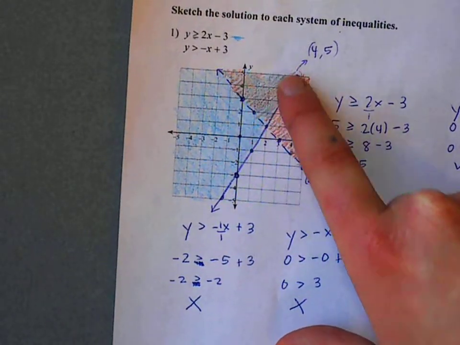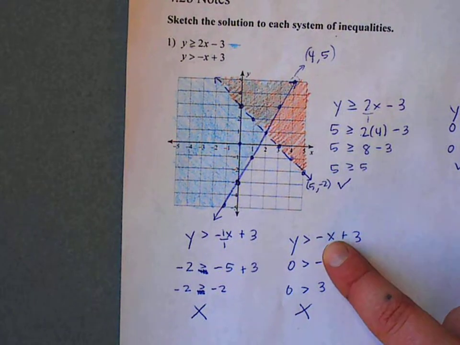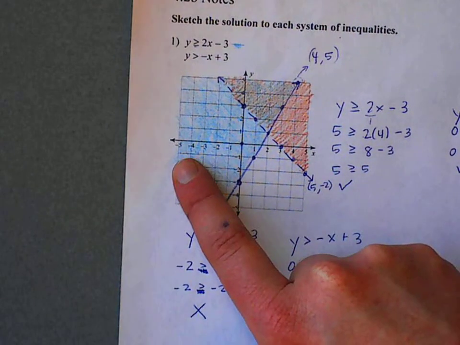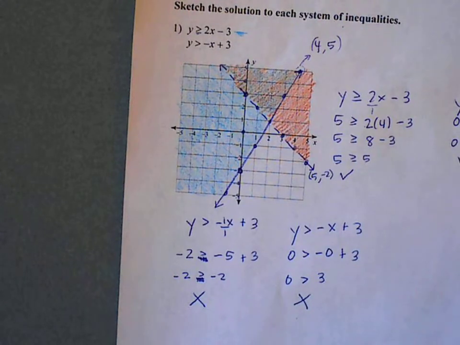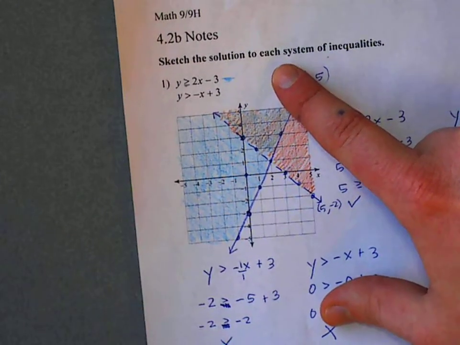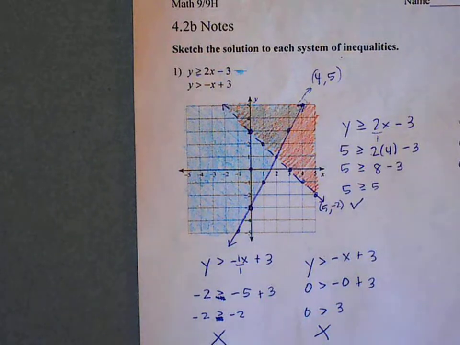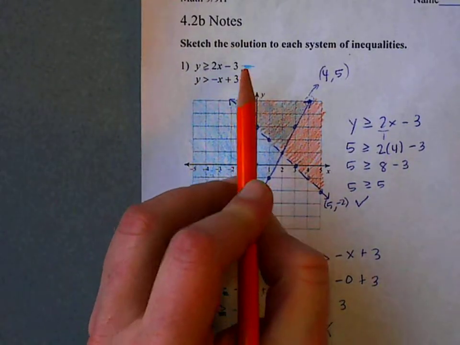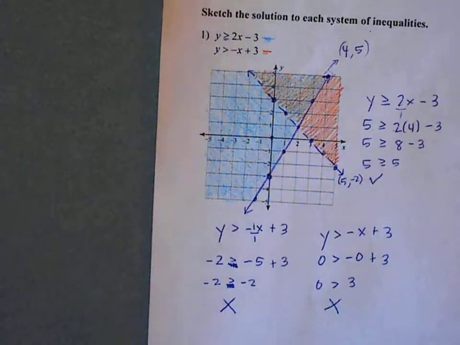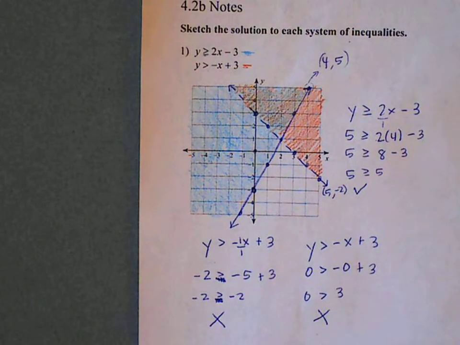Anything in this orange area will make it work, and anything in the blue and on the line will make the first one work. But remember, our goal was to find the solution that works for both. I've got to find x's and y's that make both of those work, the orange and the blue. So where on the graph do you see that it works for both?